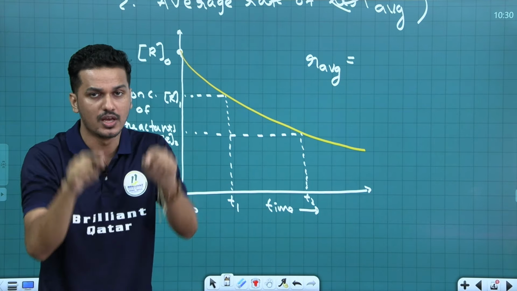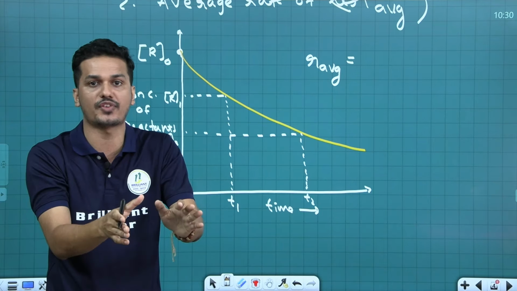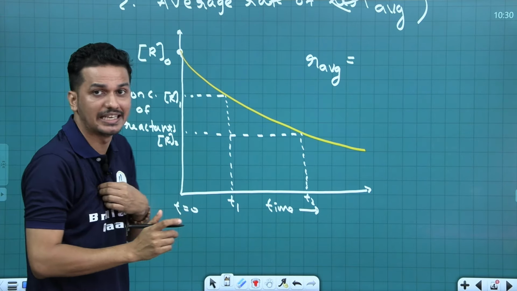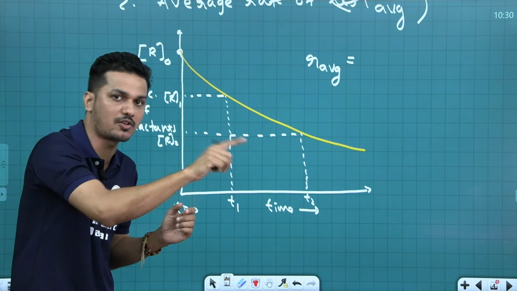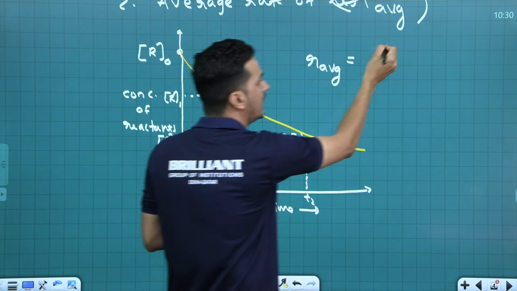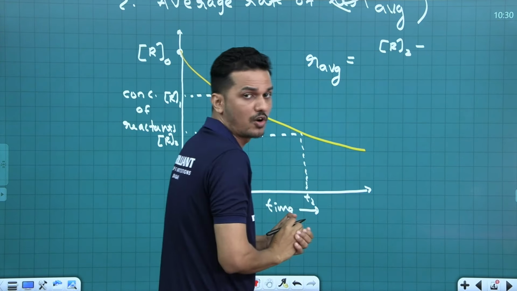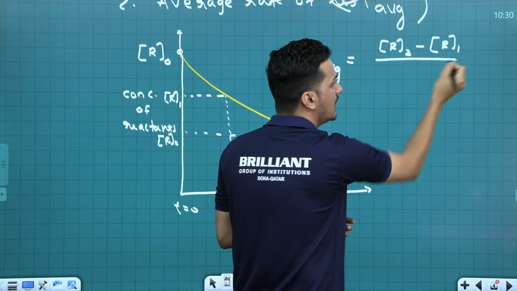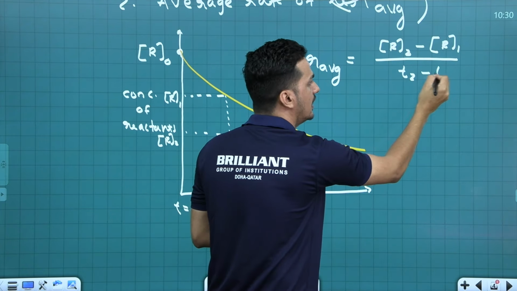So how can I find R average? I already told you rate of reaction is decrease in concentration of reactant by time. The decrease in concentration is final concentration R2 minus initial concentration R1, divided by time T2 minus T1.